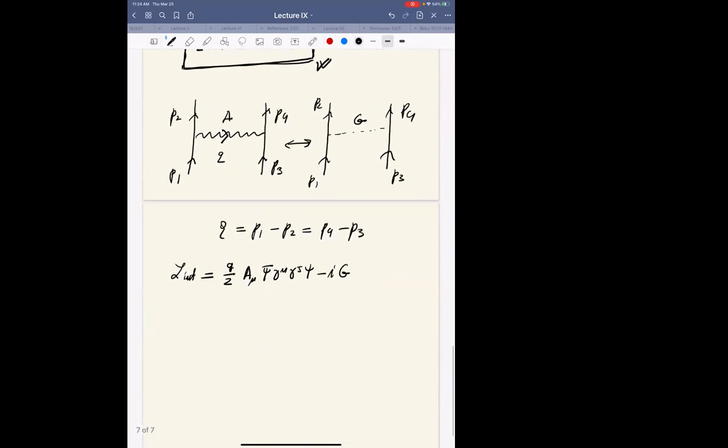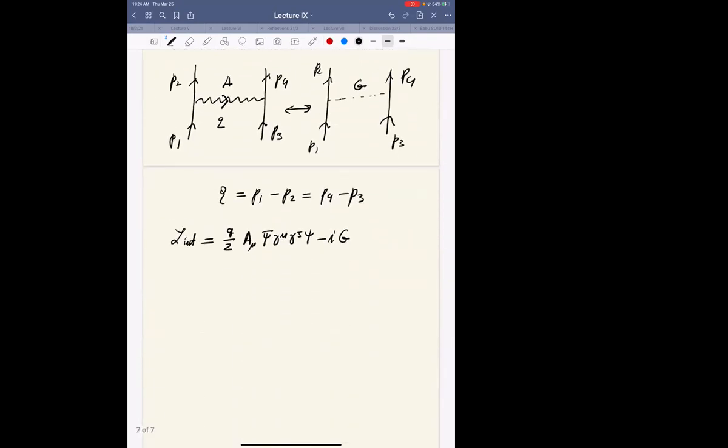So g M over M_A. Let me write capital M_A for the gauge boson mass so that I don't make mistakes. And then there is psi bar gamma 5 psi.